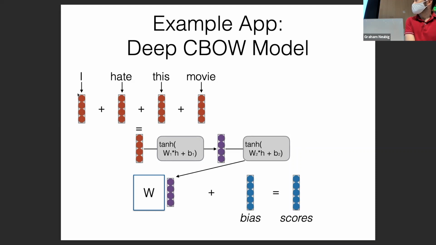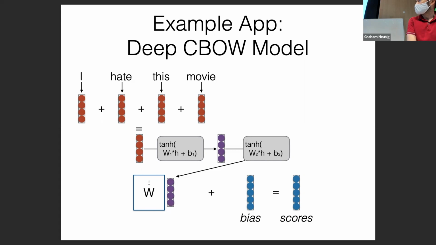What this means is we have some word embeddings. These will be trained together with the model, although you can also import word embeddings from somewhere else if you want. You add these word embeddings together and get a vector. Then you run this through a couple layers of nonlinearities to combine the different features in the vectors.